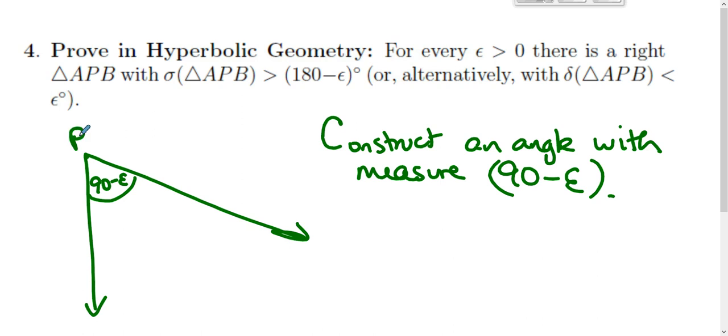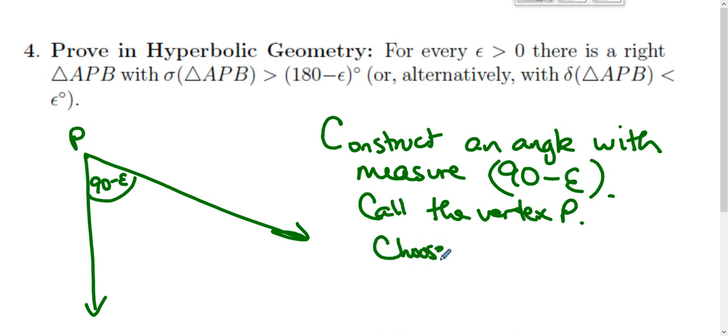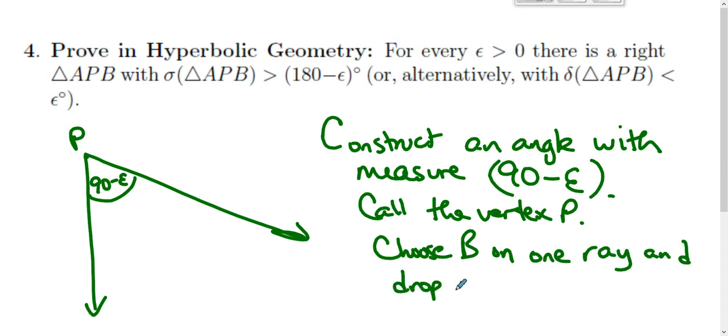Call the vertex P. Choose B on one ray and drop a perpendicular to the other.